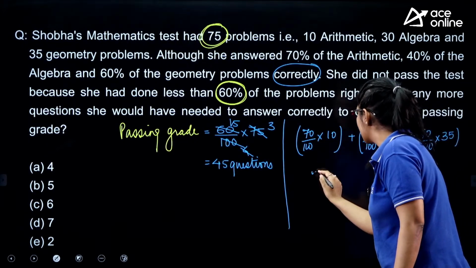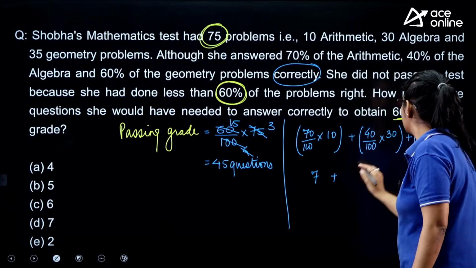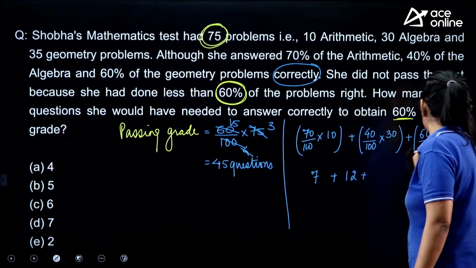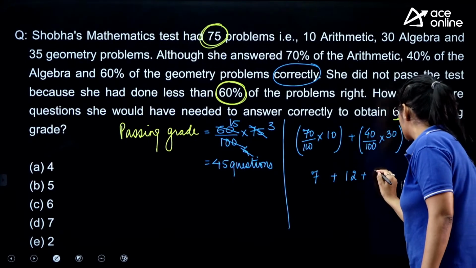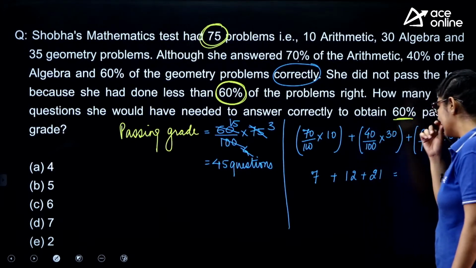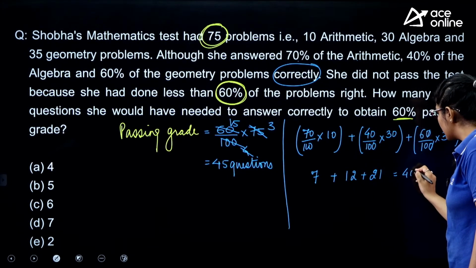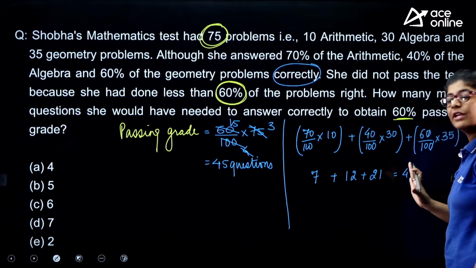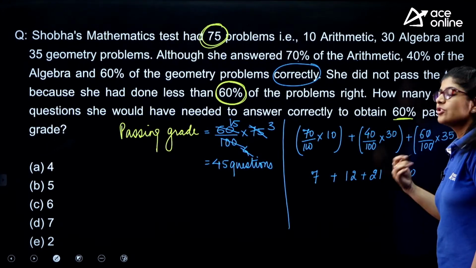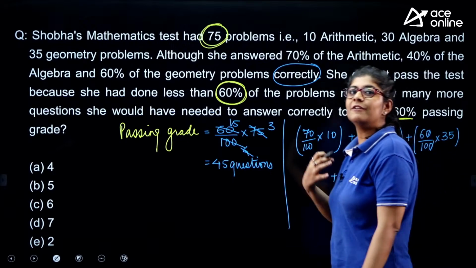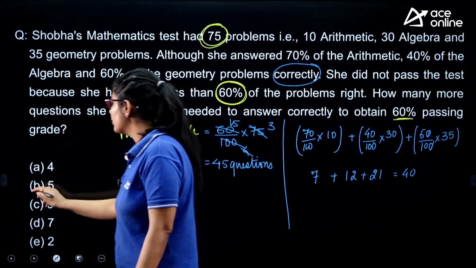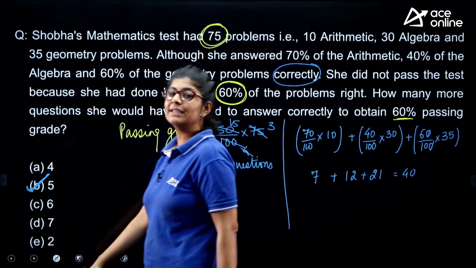So here 7 plus 12 plus 21. That means in total she was able to answer correctly only 40 questions. So just to pass, she needs to answer 5 more questions correctly so that she can get the passing grade.